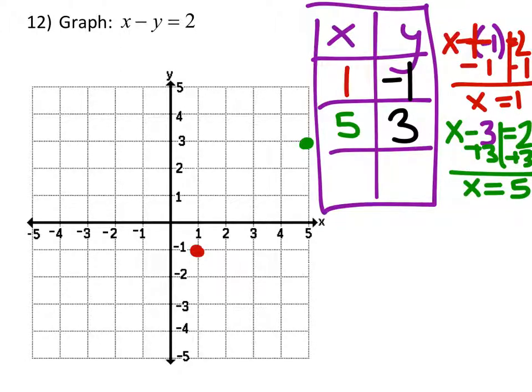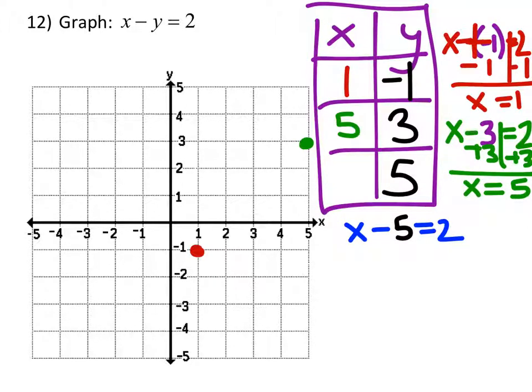Let's do that. So we'll say that Y is 5 in this case. So again, we'll come back to the equation, which is X minus Y equals 2, but we're replacing Y now with the new value of Y that we chose, which is 5. Well, something minus 5 is 2.